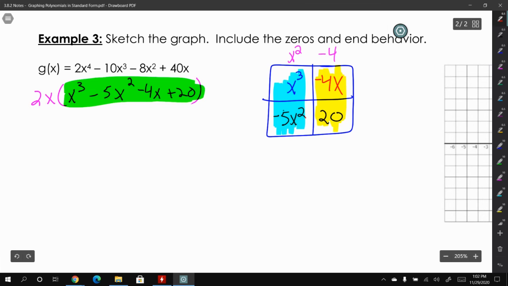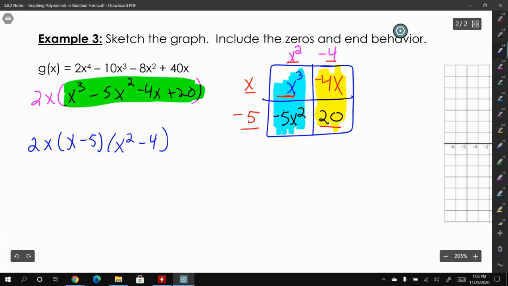And then we'll go through and say x squared times x equals x to the third, and negative 4 times negative 5 is positive 20. So my factored form will be 2x, and then x minus 5 times x squared minus 4.